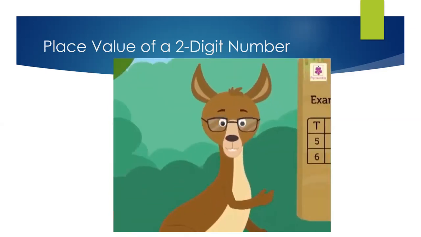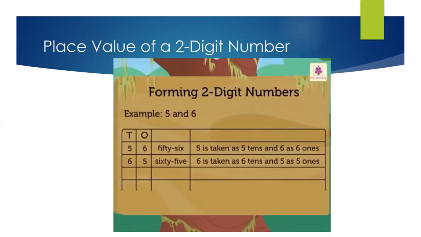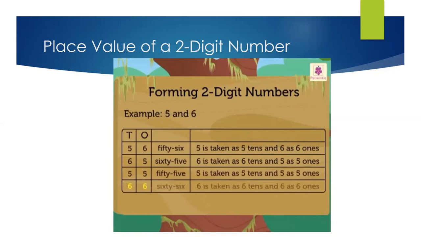Kids, what if we repeat the digits? Yes, by repeating the digits, we can form two more numbers. That is, by placing the same digits in the ones and the tens places. So, we get the numbers 55 and 66.